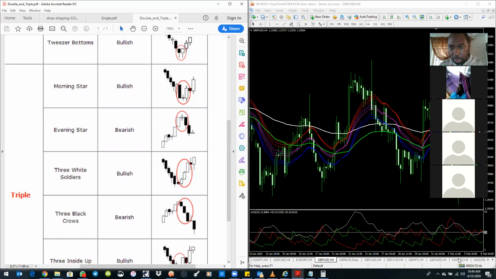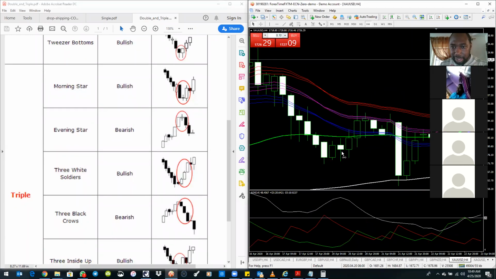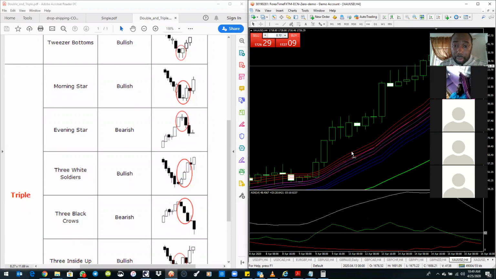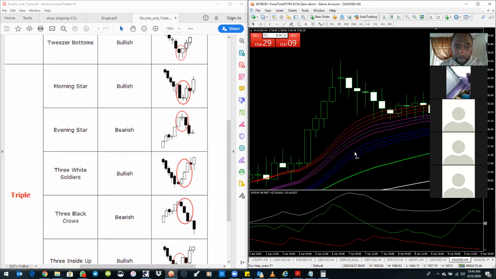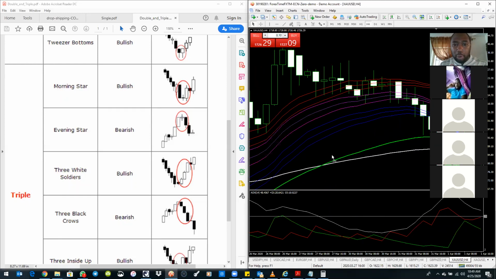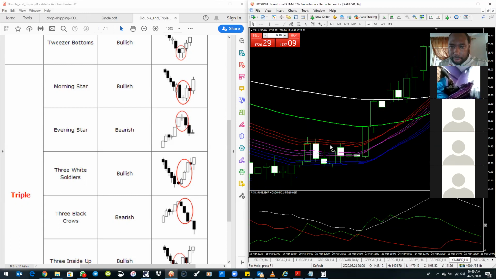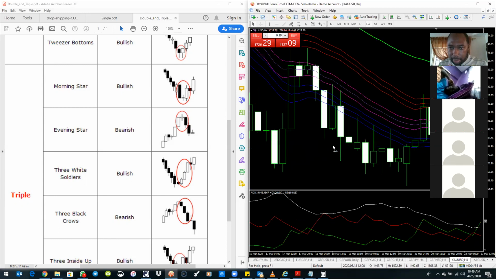Let's go back to gold because there are a few examples I saw in gold recently. Okay, that is when you have 1 bullish candle followed by a very small doji. And after the small doji, you see a candle in the opposite direction. Sorry, I saw something like that.